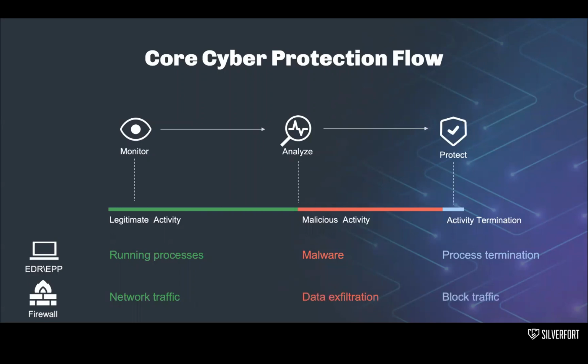Now, what resides at the core of this flow is that if it's not real time, there is no value. It doesn't help us to know retroactively that the malware was executed, right? If we want to protect against malware, we need to be able to terminate it as soon as we detect it as such. Same goes for data exfiltration.